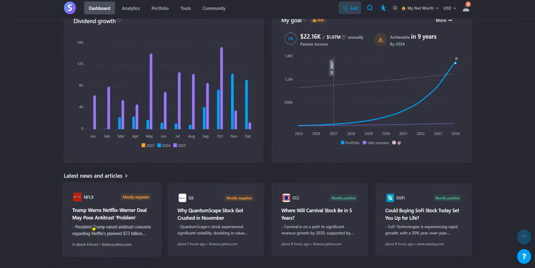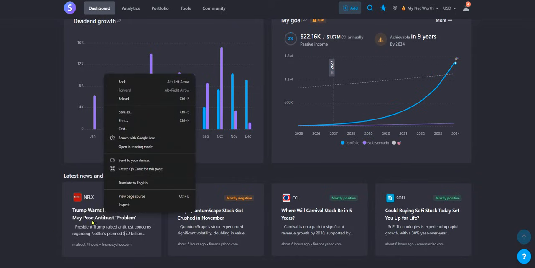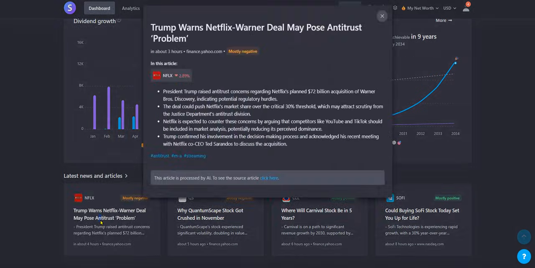Uh-oh. What's this saying here? Trump warns Netflix Warner deal may pose antitrust problems. So that's what I was sort of talking about earlier. President Trump raised antitrust concerns regarding Netflix's planned 72 billion acquisition of Warner Brothers. The deal could push Netflix market share over the critical 30% threshold, which may attract scrutiny from the Justice Department Antitrust Division.